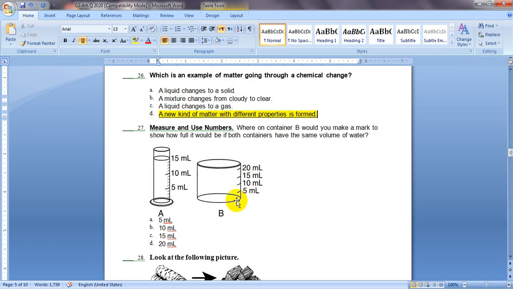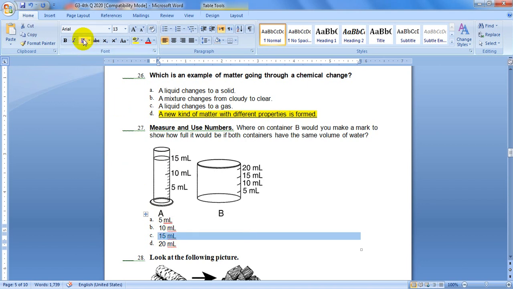Of course it's letter B, because when it's completely filled it will have 20 milliliters, while letter A, when it's completely filled, it will have only 15 milliliters. So we need both of them to be equal. Which volume should both of them be equal in? 5 milliliters, 10 milliliters, 15 milliliters, 20 milliliters. Of course it will be 15.